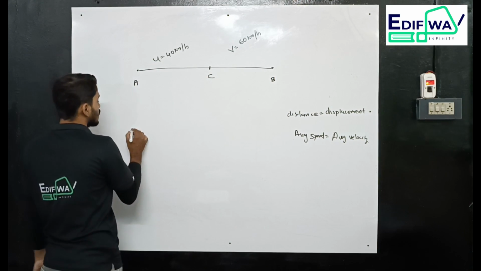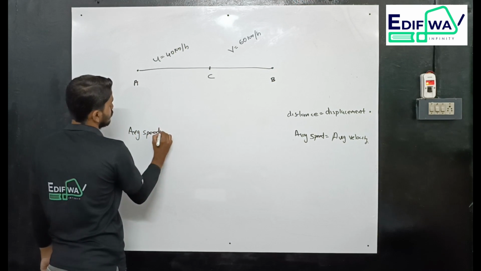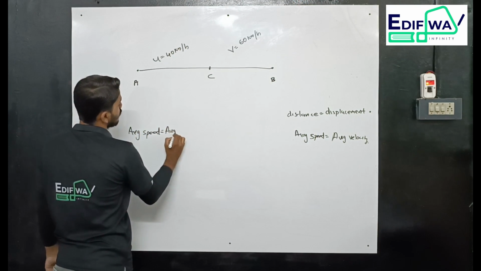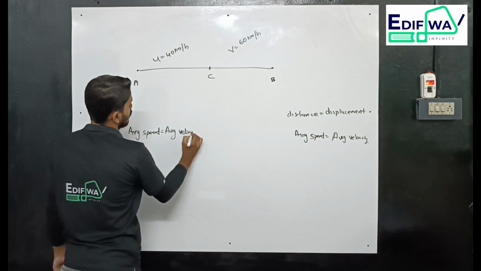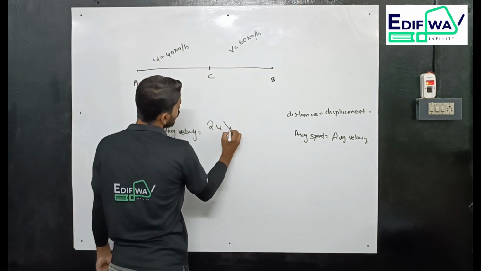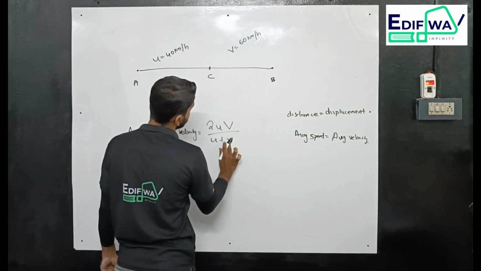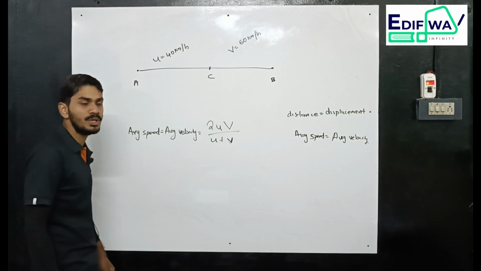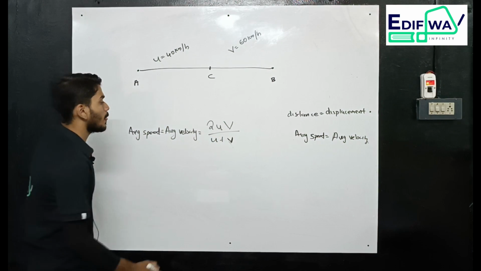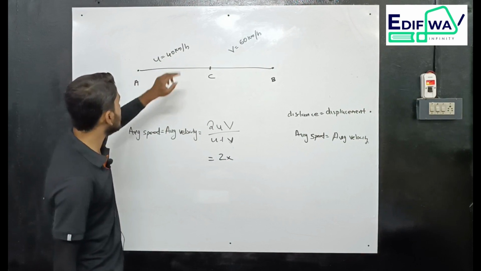So your average speed or average velocity will be equal to 2uv by u plus v. I hope you remember this formula, right? 2uv by u plus v. And now 2 into, what about u? u is 40.